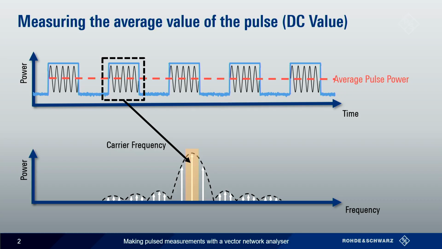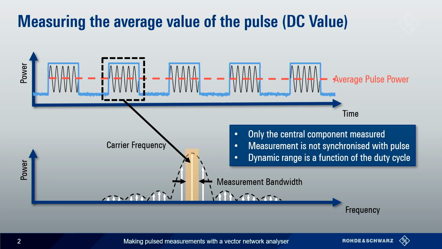And so if we can use a technique which somehow filters out just that central component, ignores the rest of the line spectra, then from the network analyzer's point of view, we effectively are just looking at a CW signal. But it does have a limitation in that effectively the dynamic range, the power that we have going into the receiver, is limited by the duty cycle.